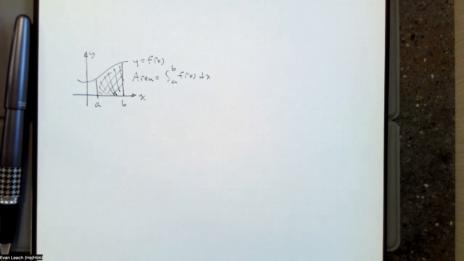This is just multiplication when one of your factors is continuously variable. That's the point of integration. That's what integration is for.